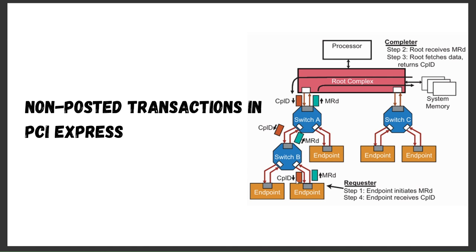Here CPLD is the completion data packets. If a lot of data is requested, then multiple completion packets may be sent. For example, a large data read might require several packets, as PCIe allows a maximum of 4 KB of data per packet.